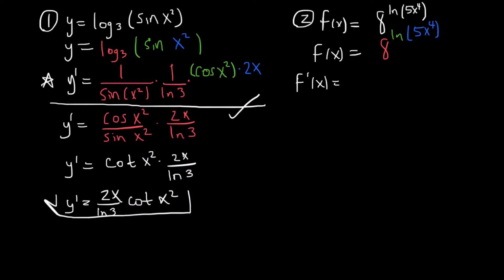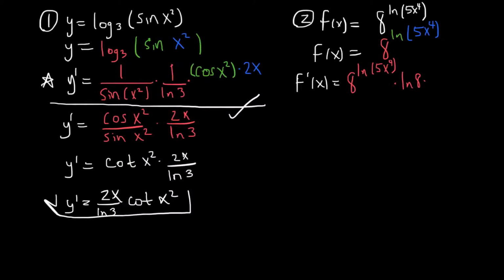So we have the derivative of 8 raised to a power. I'm going to use the exponential rule. The exponential rule says I should keep the same thing. 8 raised to the ln 5x to the fourth, and then times, because my base is 8 and not e, I need a correction factor, so times the ln of 8, and then times the derivative of the power.